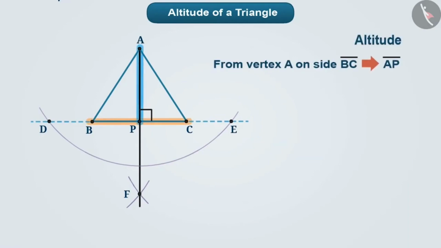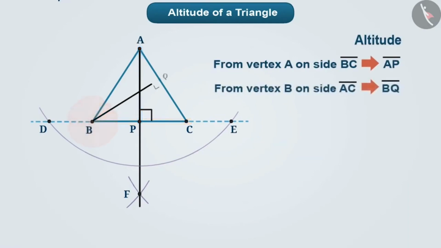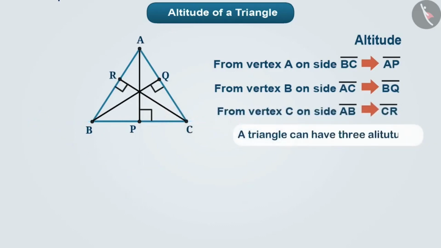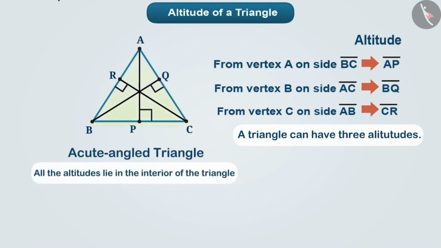Absolutely right. Just as we have created the altitude from vertex A to side BC, similarly, we can also draw altitudes from vertex B to side AC and from vertex C to side AB. That is, a triangle can have 3 altitudes. Since this is an acute triangle, you can see that all altitudes are in the interior of the triangle.